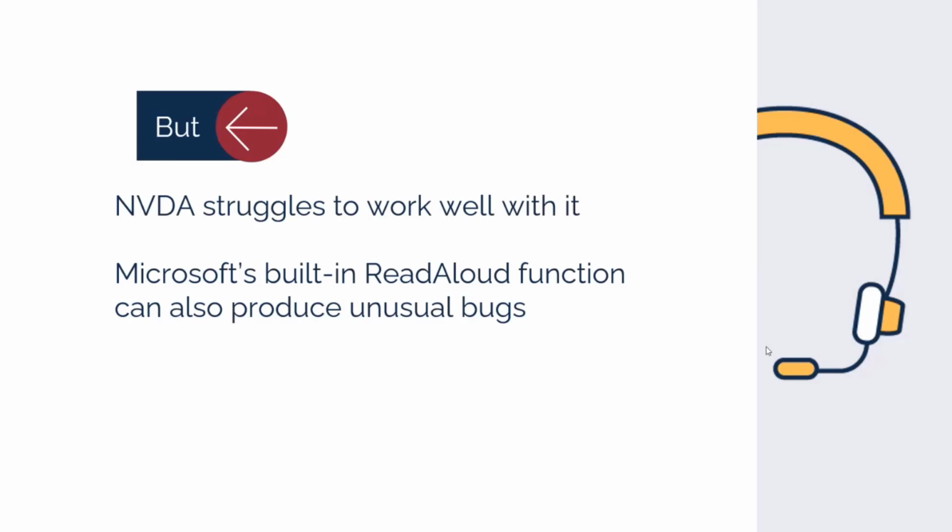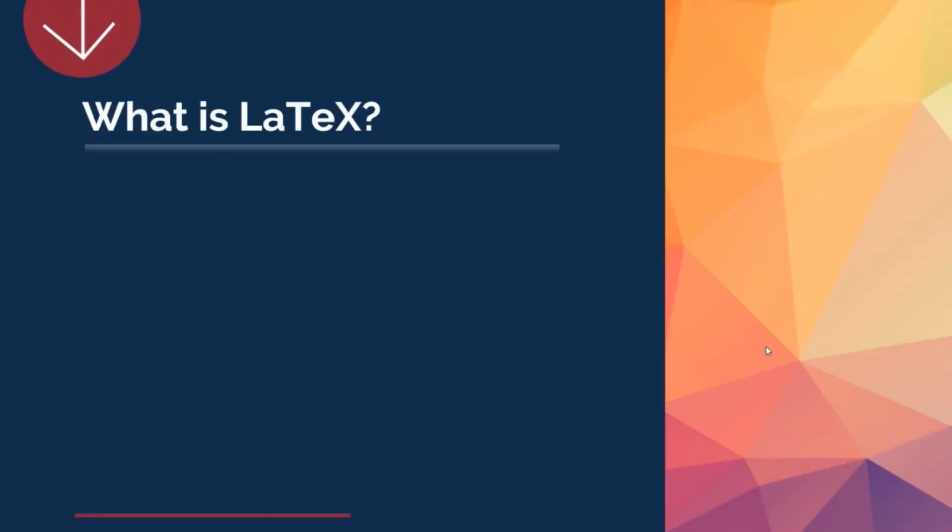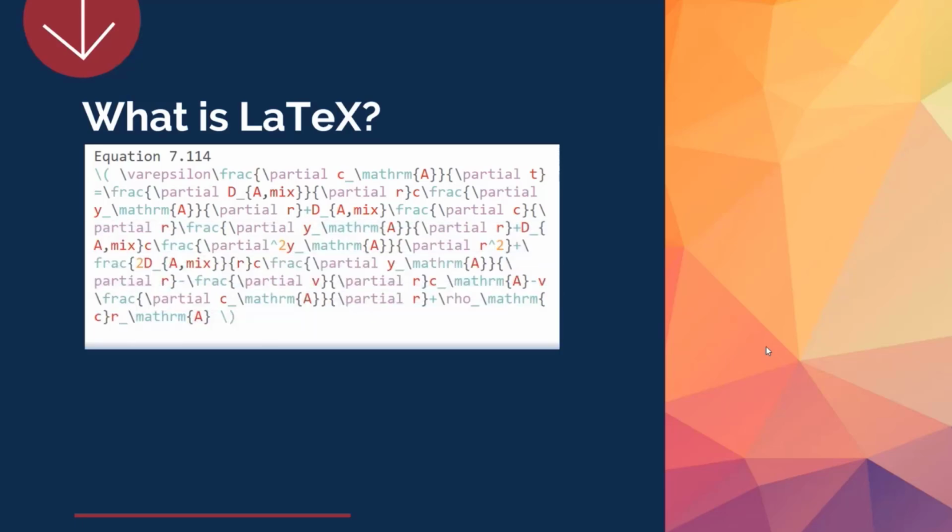It's still sort of a financial barrier for learners. So we definitely want to use NVDA, and we also want to accommodate people with JAWS, and so we're going to use LaTeX. Now, what is LaTeX and why is it pronounced so strangely?